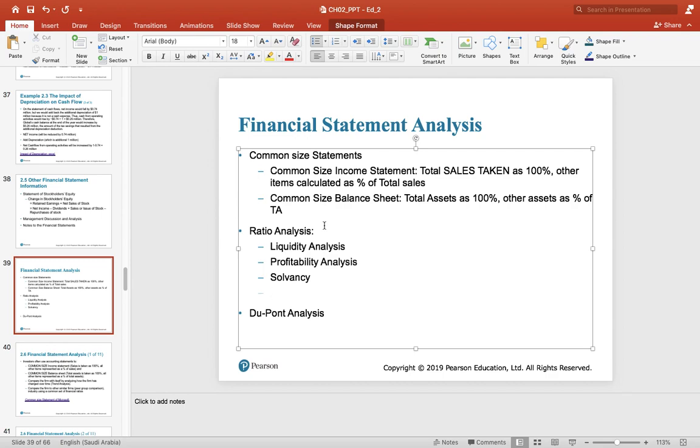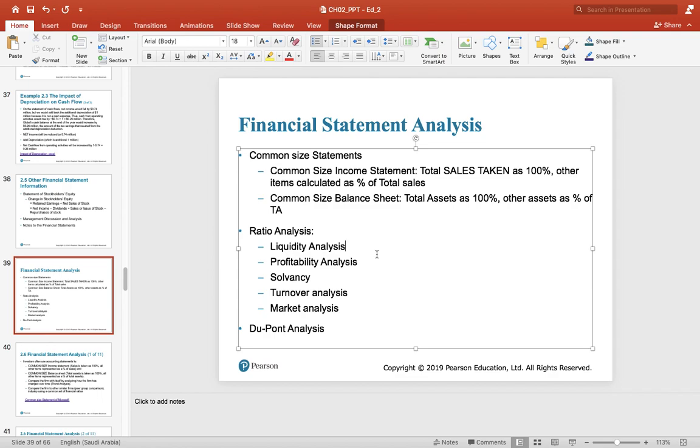Similarly, the turnover analysis, and the market value ratios, market analysis. So many such parameters we can use, and of course DuPont analysis is always there. For each analysis there are a couple of ratios.